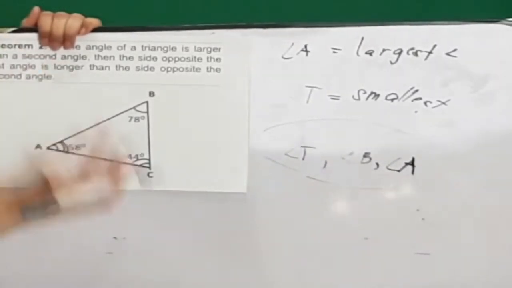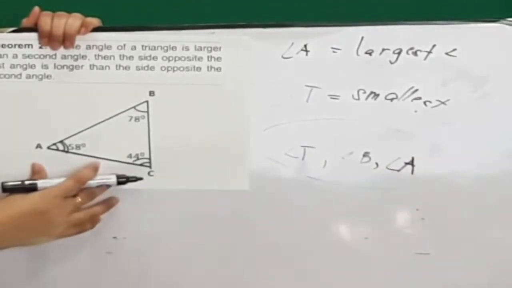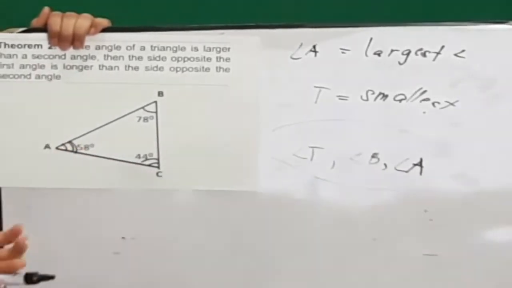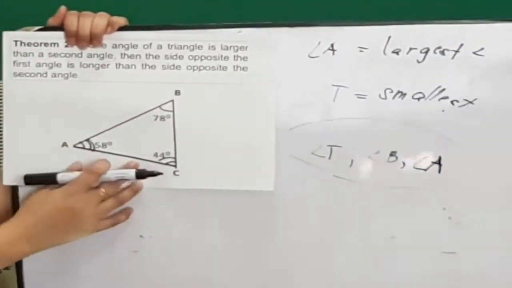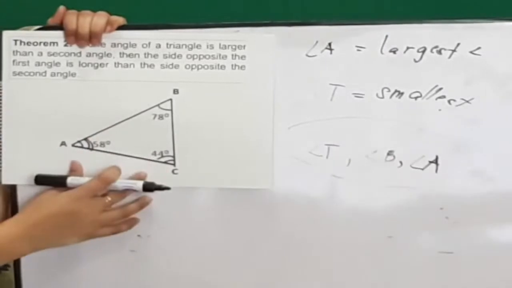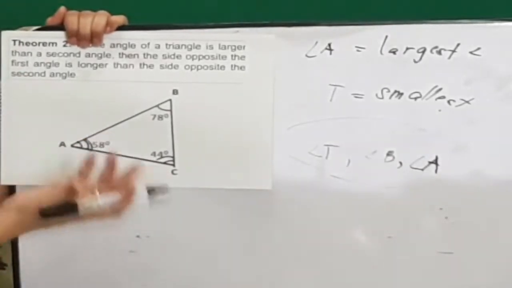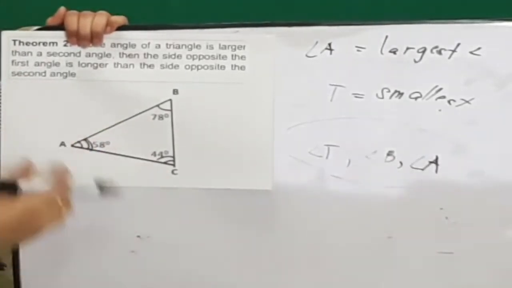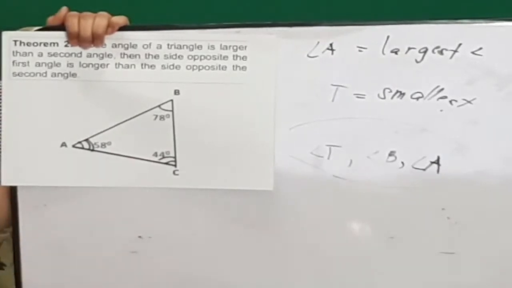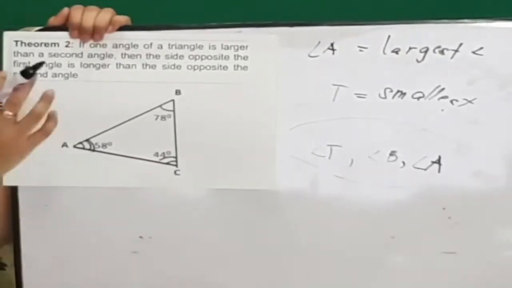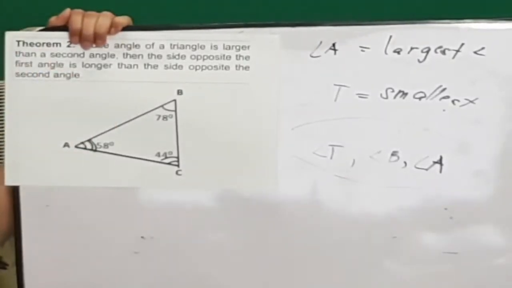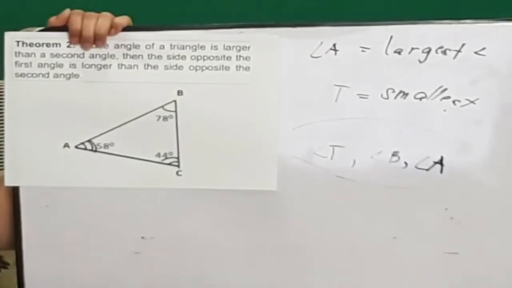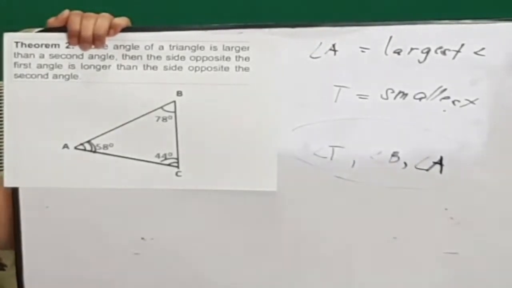So if with Theorem 1, given the sides of the triangle, we can determine the largest and the smallest angle, with Theorem 2, given the angles of a triangle, we can easily determine which side is the longest or which side is the shortest. So for Theorem 2, the larger the angle, the longer its opposite side. And then the smaller the angle, the shorter its opposite side.